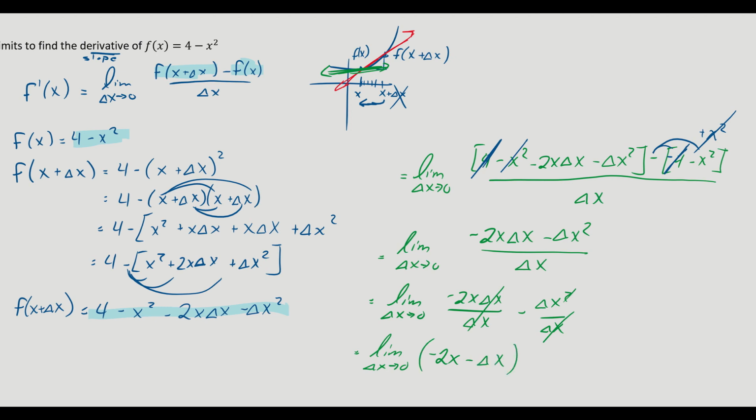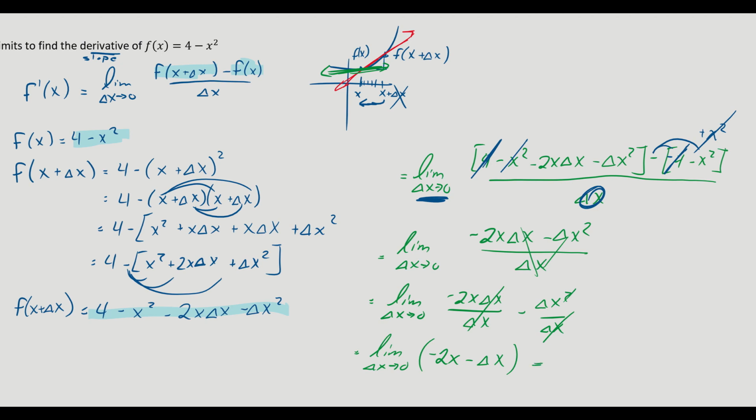This is why we wanted all terms without a change of x to disappear. Because then the change of x in the bottom will cancel with everything up top, taking away that denominator. See, that was the issue, because if I did the direct substitution, I would have gotten a 0 in the denominator. Can't do that.